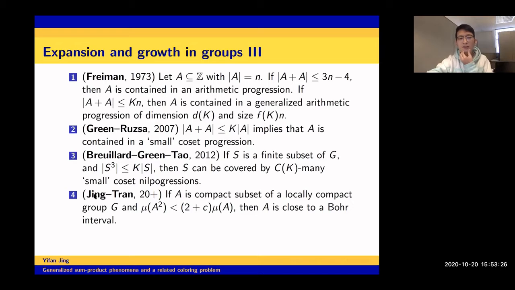And here, this is a recent result by me and Tran. I think he is also here. So we prove that in a locally compact group G, where A is a compact subset of G with small expansion, so mu(A squared) is very close to 2 plus C times mu(A). Okay, G should also be connected, because if G is not connected, we can just choose a small subgroup of G. And in this case, A is close to a Bohr interval.